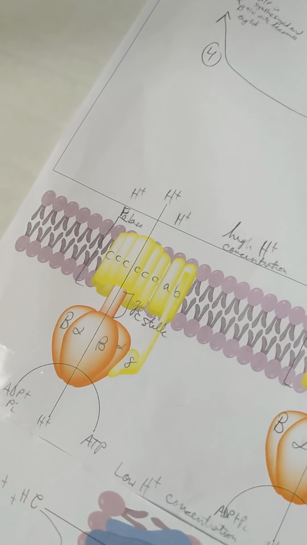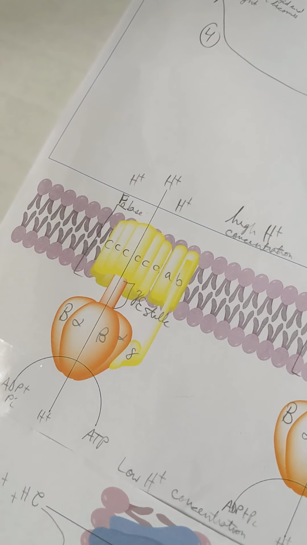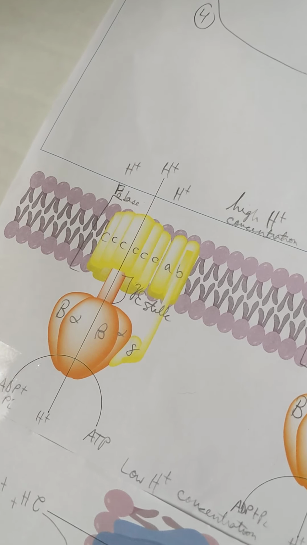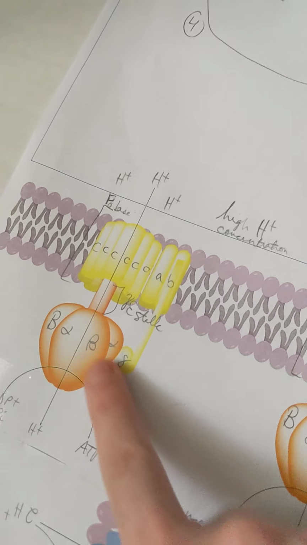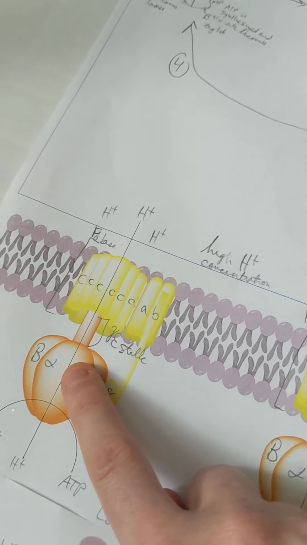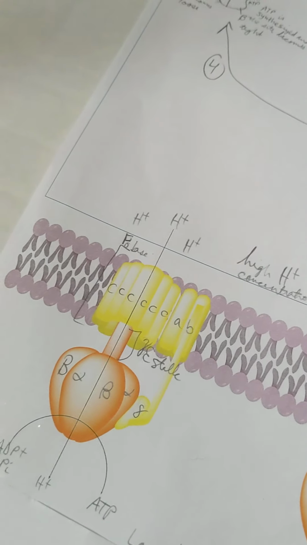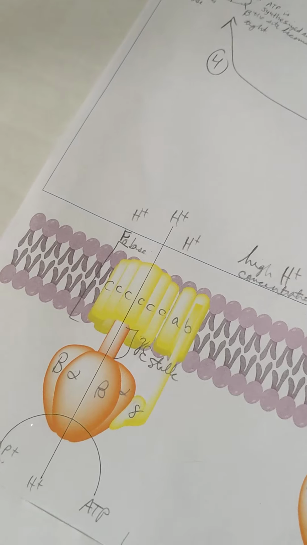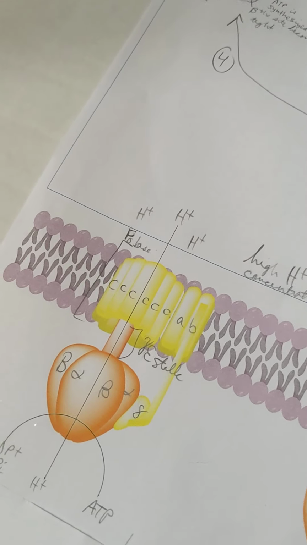Alright, well, let's quickly go over this ATP synthase. So we have a gamma epsilon stalk that rotates, and then these beta subunits will be what binds to the ADP.